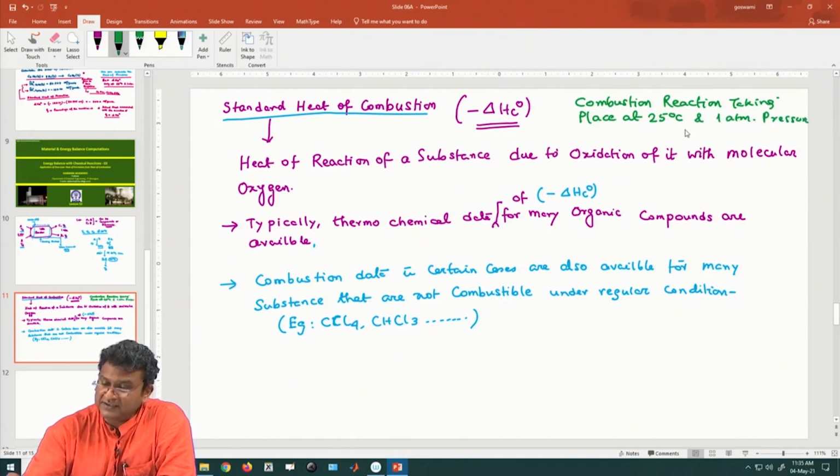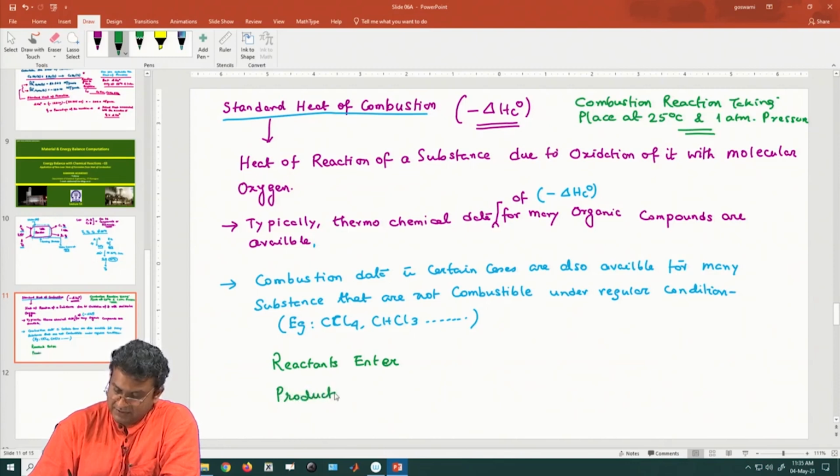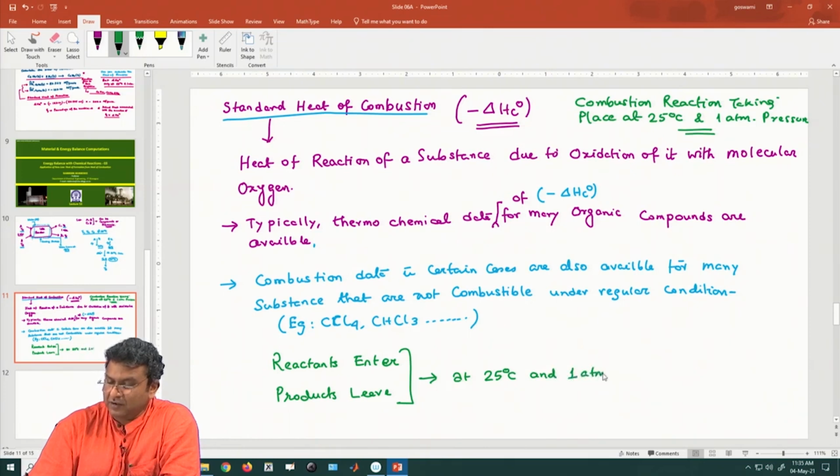So, the reactants enter and products leave at 25 degrees centigrade and 1 atmospheric pressure.